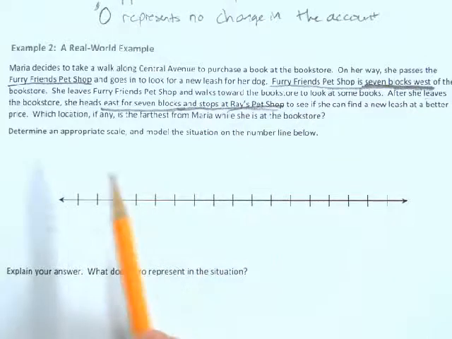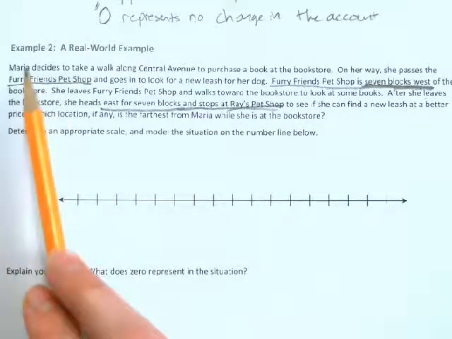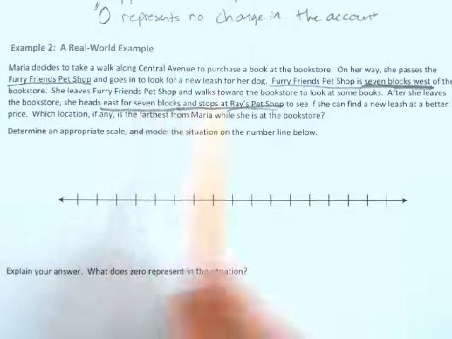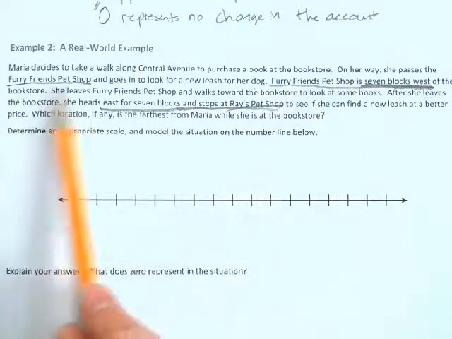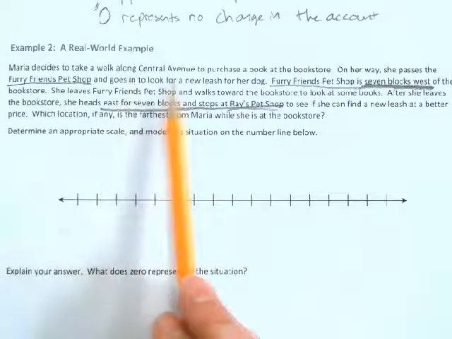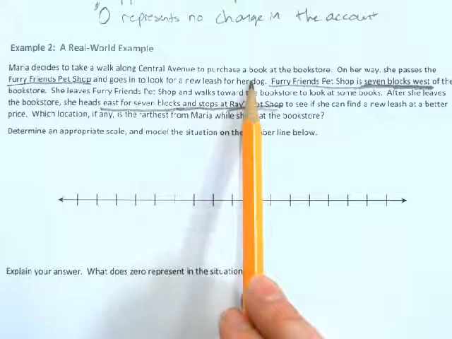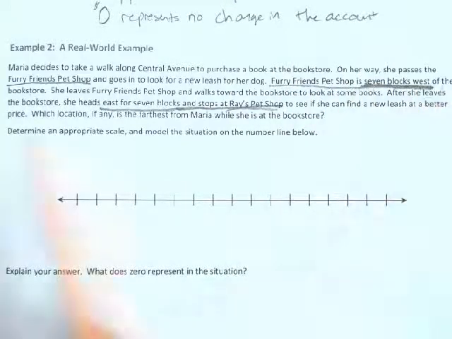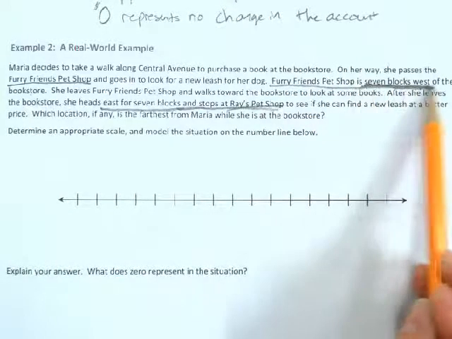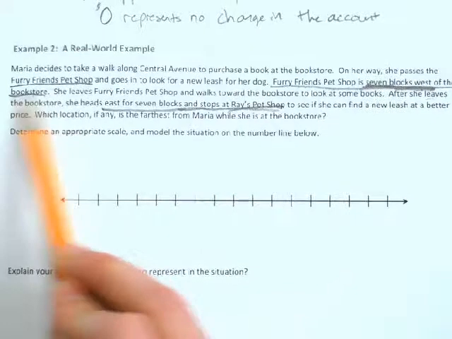So we have to figure out, when does she start at the bookstore? So she decides to take a walk along Central Avenue to purchase a book. At the bookstore, on her way, she passes the Furry Friends pet shop and goes in to look for a new leash for her dog. Furry Friends pet shop is 7 blocks west of the bookstore. So they're telling you in reference to the bookstore how far it is.